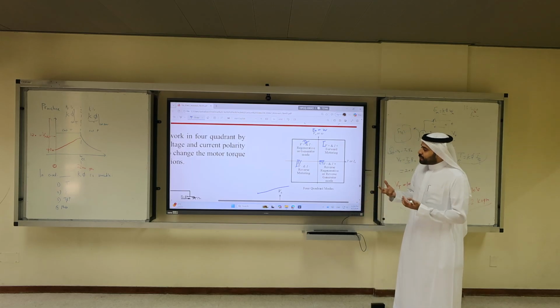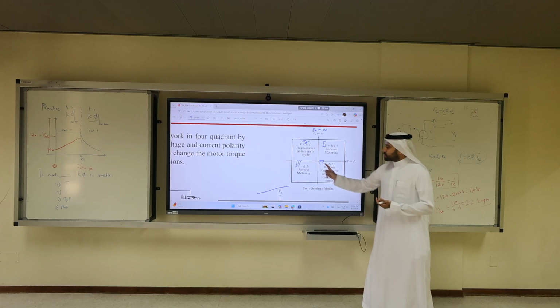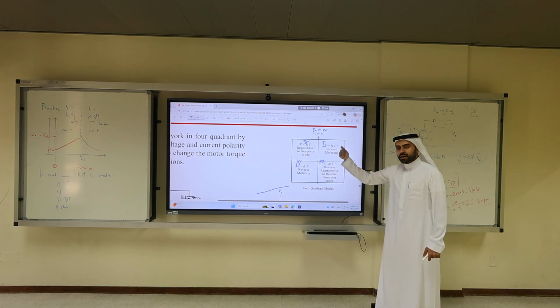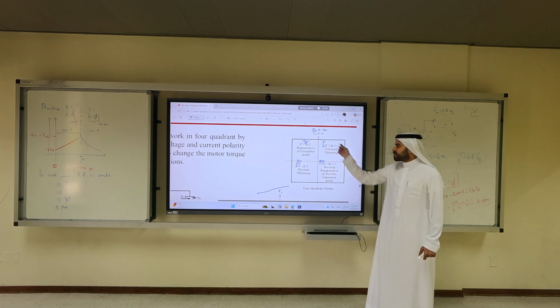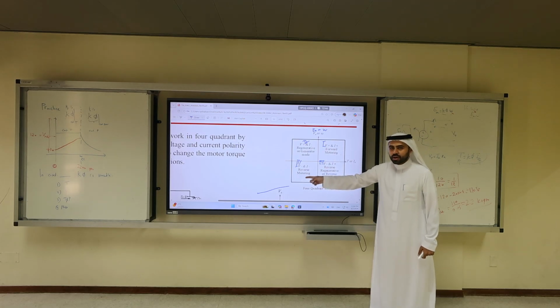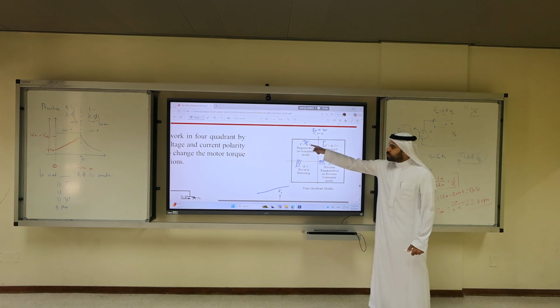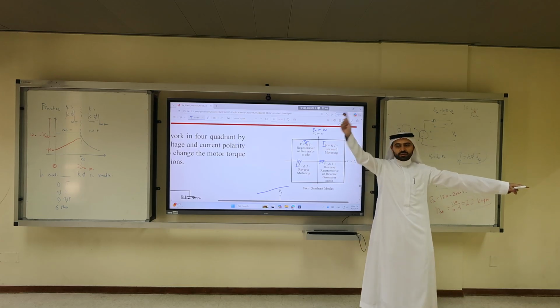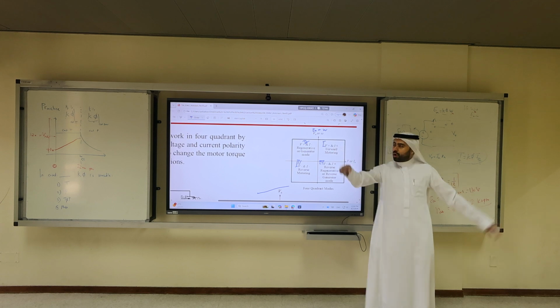The challenging part is quadrant 2 and quadrant 4. This is the regenerative braking of quadrant 1. We call this one reverse regenerative braking. Or this is the generator mode for this one and the generator mode for that one. What's common about quadrants 2 and 4 is that one of the voltage or current is positive and the other is negative.